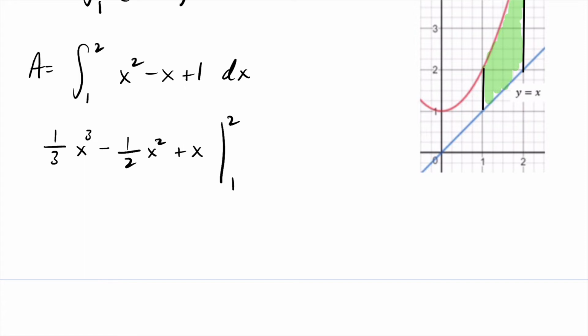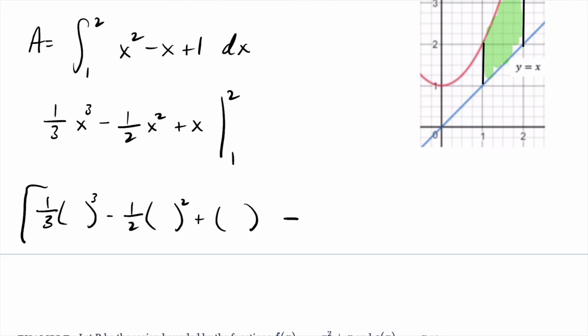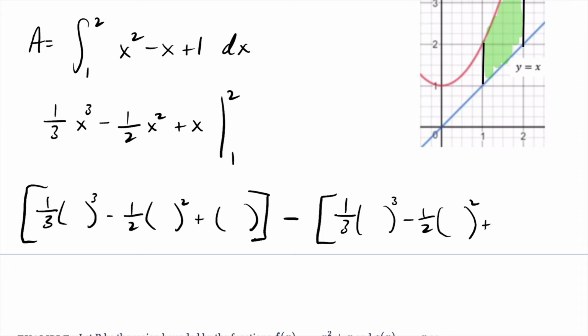Plug in 2, plug in 1, subtract them, we're done. So 1/3 x cubed minus 1/2 x squared plus x, at 2, minus the same expression at 1. I'm going to plug in a 2, plug in a 1, and see what we get.